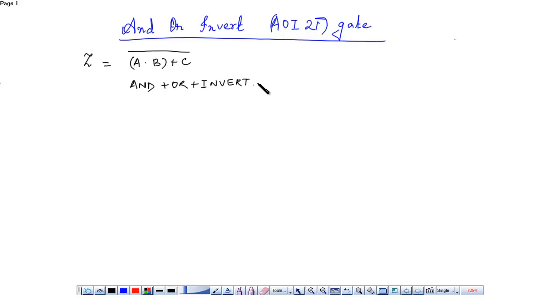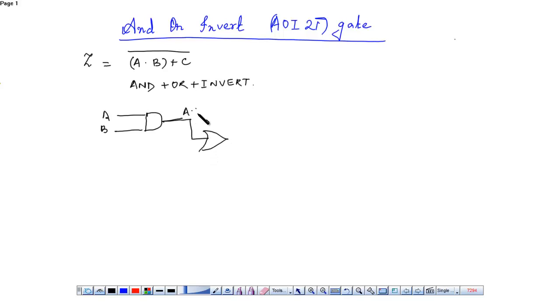Now the AND OR invert is drawn as, this is the AND gate. The inputs to the AND gate are A and B. The output is connected to the OR gate.